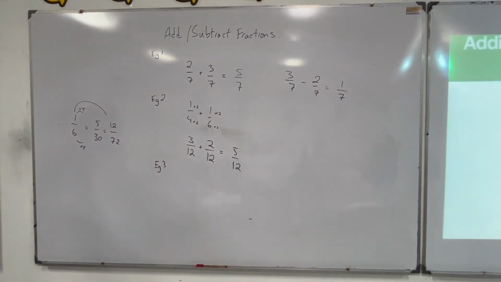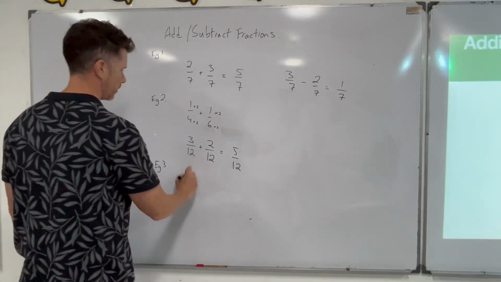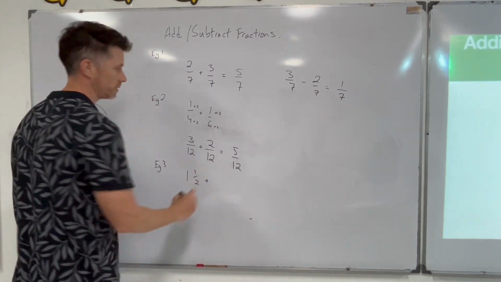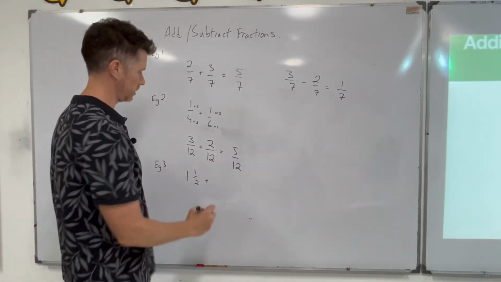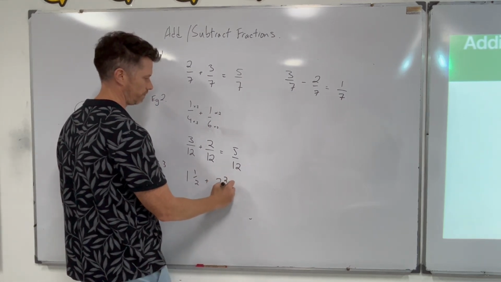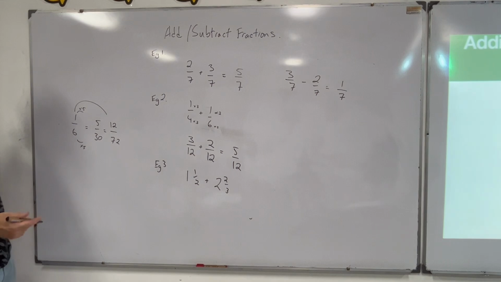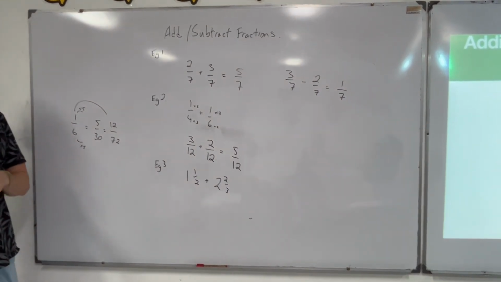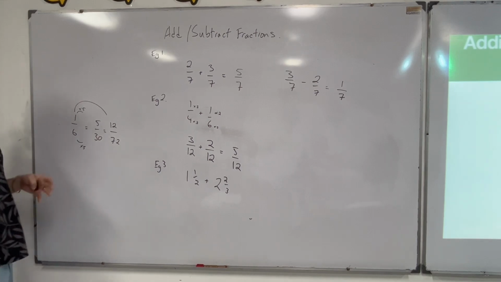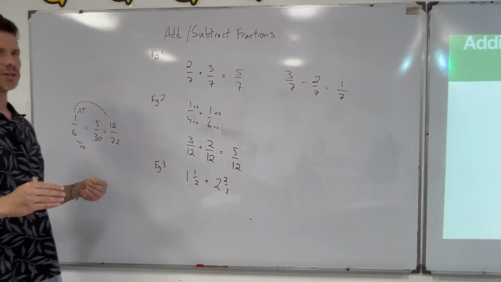So what happens if they are mixed numbers like we were just talking about? If I have 1½ plus, I think that one says 2 2/3, is it? Yes, 2 2/3. Okay, there's 2 ways I can go about this. I can add the whole numbers and add the fractions separately. Or I can change them to what?